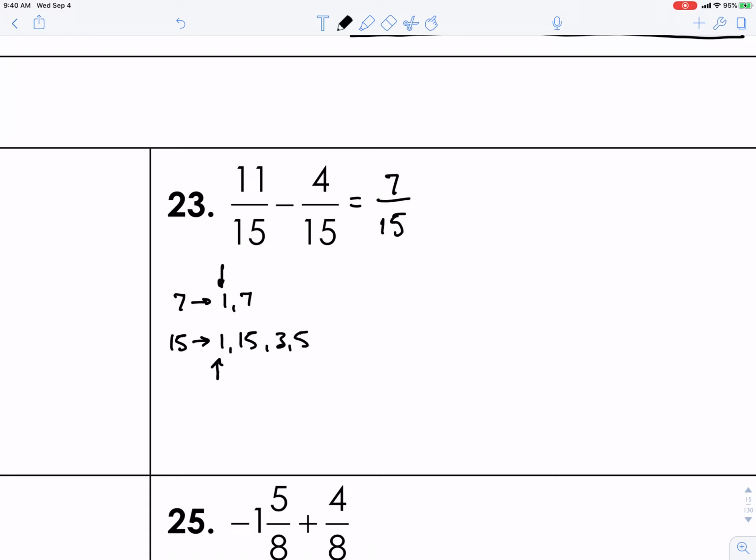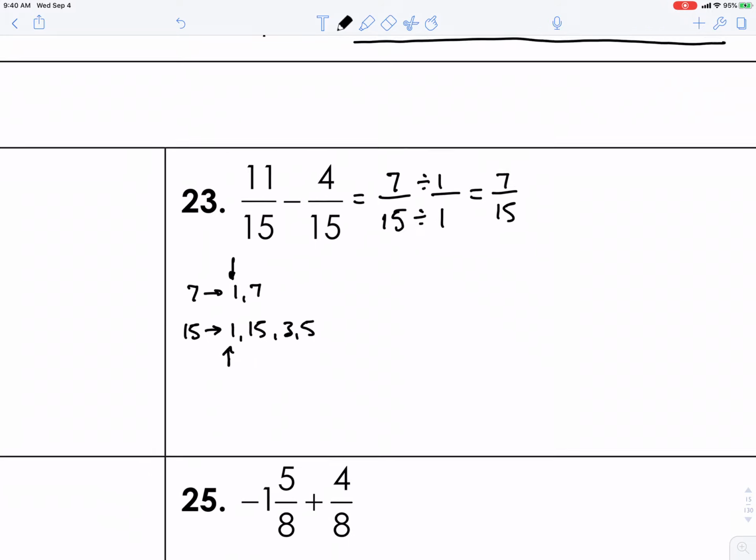Let's just do that exercise. What if I divide by 1 on the top and the bottom? 7 divided by 1, 7. 15 divided by 1, 15. I get the same answer. So there's no reason to use 1 when I'm trying to reduce. Don't use 1 when you're trying to reduce. Look for a larger number. 1 won't help in reducing a fraction.